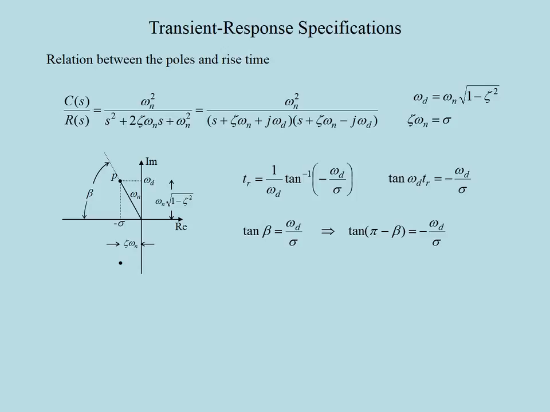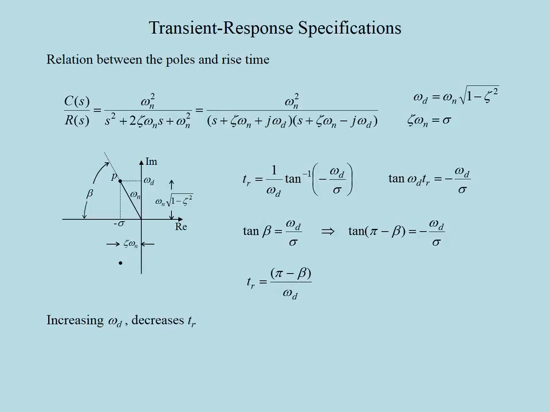So by comparing this formula with the one above it, we can write the rise time as pi minus beta divided by omega_d. So the rise time is inversely proportional to the damped frequency. That means increasing omega_d will decrease the rise time. In other words, the larger the frequency of the oscillations, the faster will the response climb up to the final value.